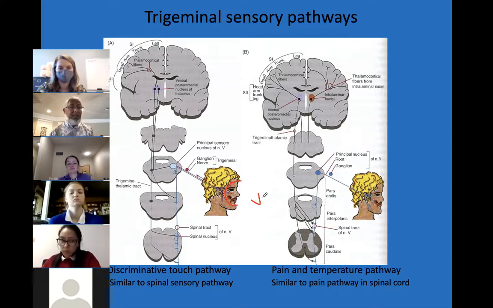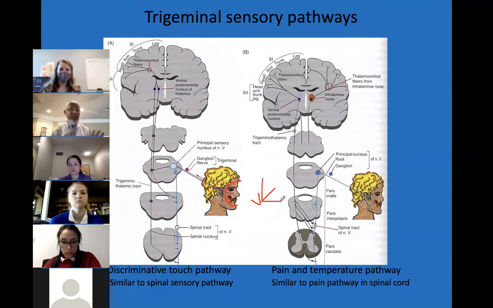Okay, trigeminal. When we say trigeminal, it gives us an indication that it has something three related to it, right? Trigeminal, because this nerve has three components. You can say three divisions. Okay, division number one, division number two, division number three.